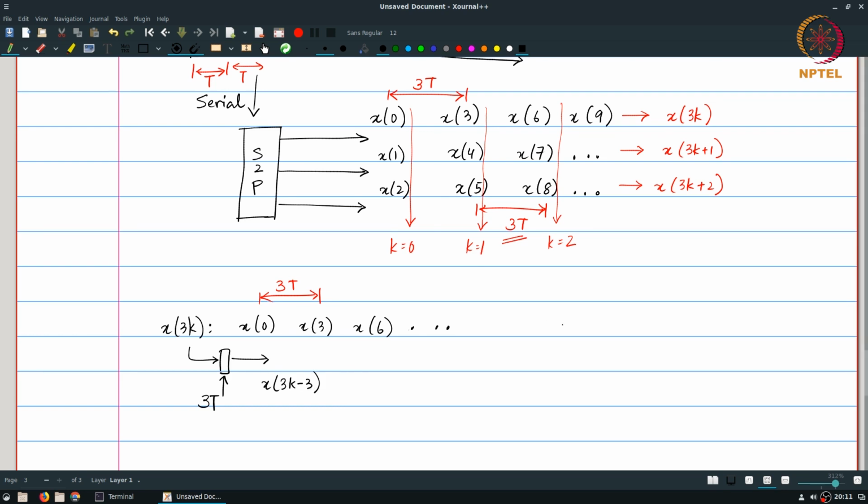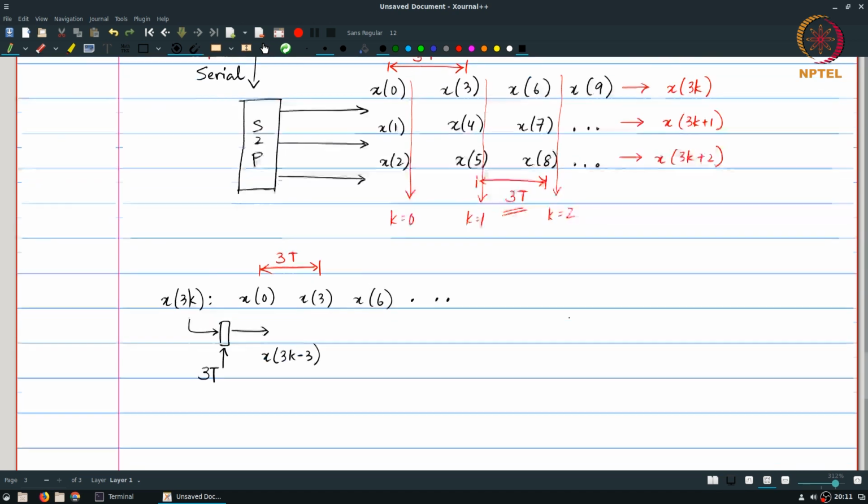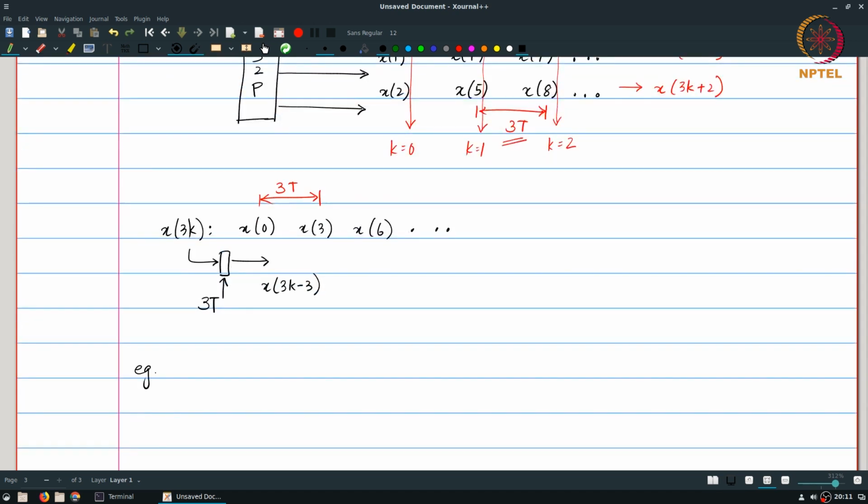Recall that if I had x of n going through a regular register which is sampled at t, what I have at the output is effectively a sequence which is x of n minus 1. Right? In other words, it corresponds to the previous sample. What we are saying is that by analogy, we get the same behavior over here. We can think of it as x of 3 into k minus 1, which is x of 3k minus 3.